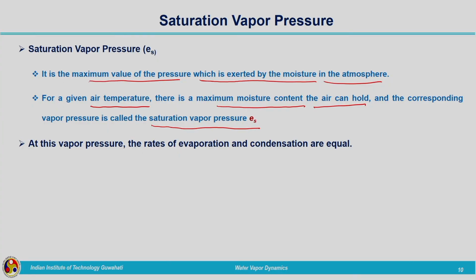At this vapor pressure, the saturation vapor pressure, the rates of evaporation and condensation are equal. Otherwise, in normal conditions, depending on the heat energy absorbed by the water in the water body, the evaporation rate will be increasing or decreasing. So in that particular location, with the rate of evaporation increasing, more and more water vapor is added to the atmosphere, and the rate with which condensation takes place may be different.